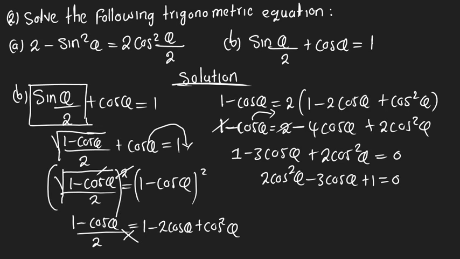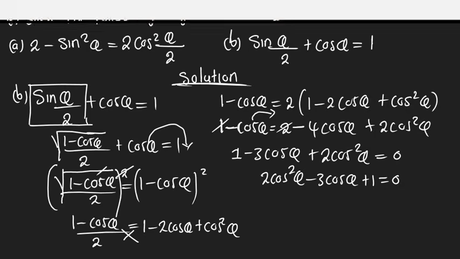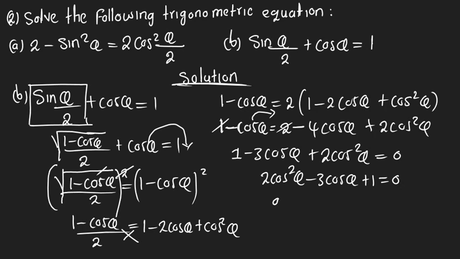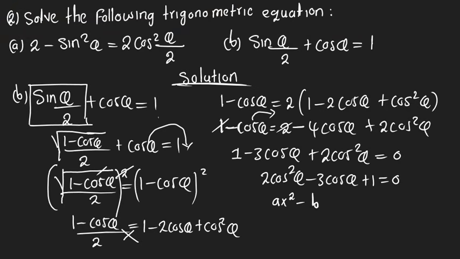Why am I saying this is so beautiful? I want you to look at the magic that is happening here. This is ax to the power 2 minus bx plus c equal to 0.